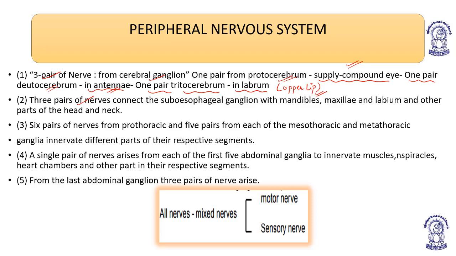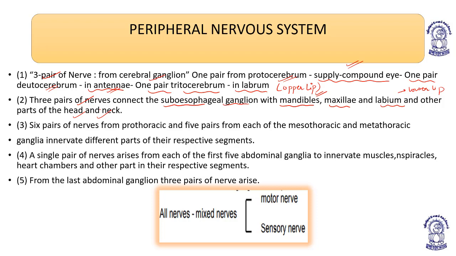Three pairs of nerves connect the subesophageal ganglion with the mandibles, maxilla, labium or the lower lip, and other parts of the head and neck.